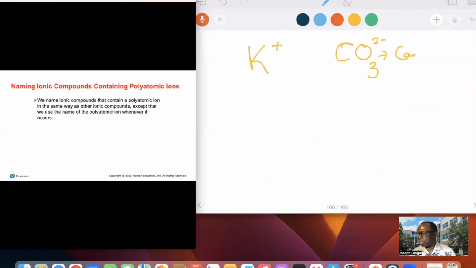This is the carbonate ion, and this is the potassium ion.